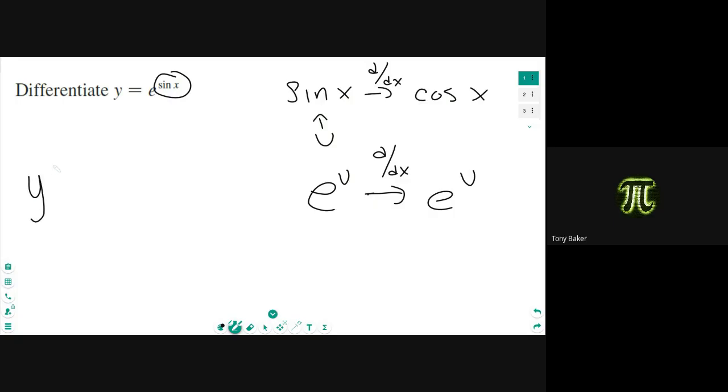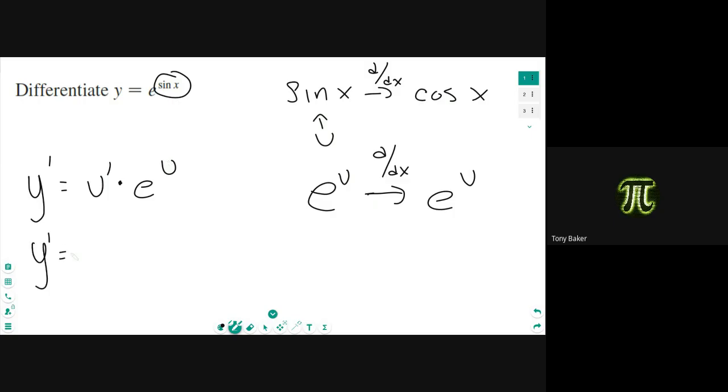So now y prime becomes the derivative of u times, in this case, e to the u, because that's the derivative of that.